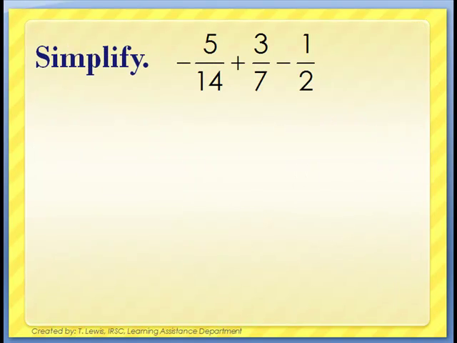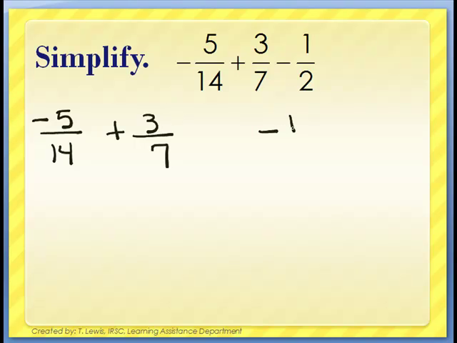Let's simplify. Negative 5 over 14 plus 3 over 7 minus 1 over 2. As you notice, our denominators, we have the following: 14, 7, and 2.